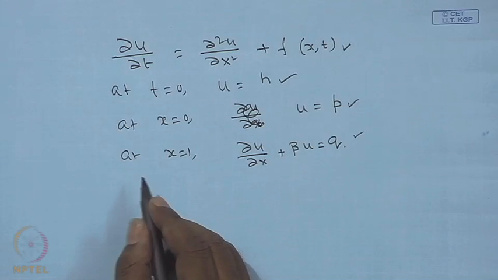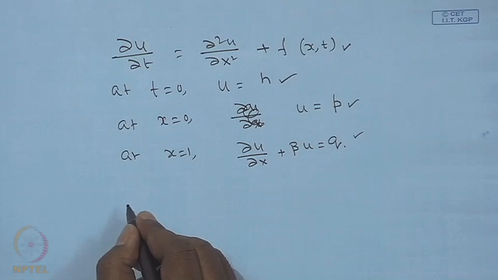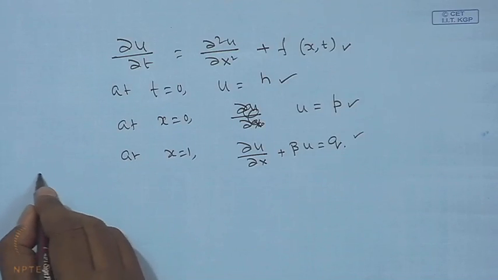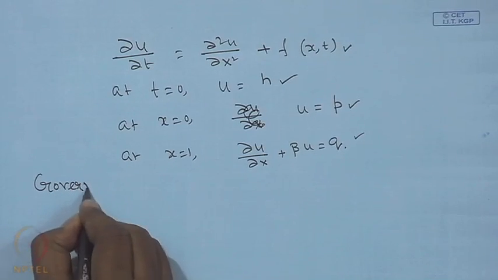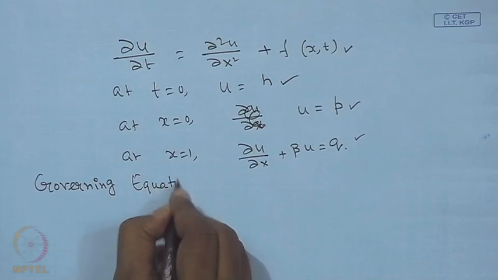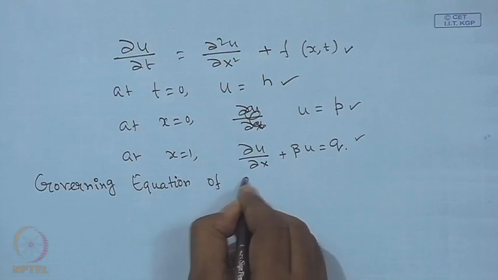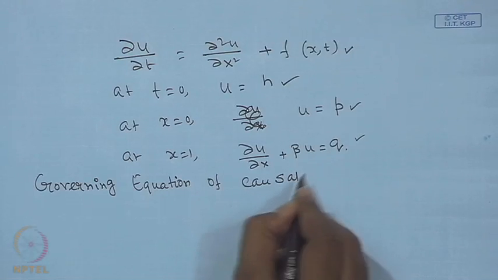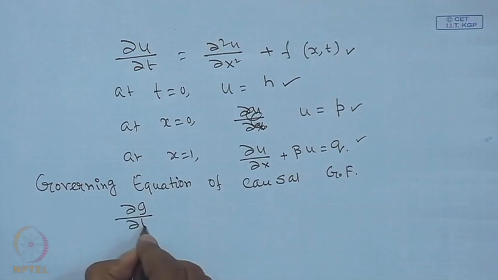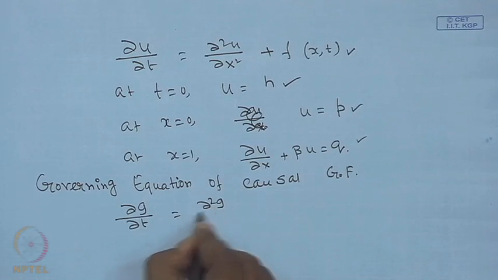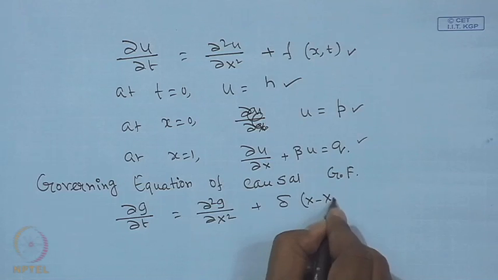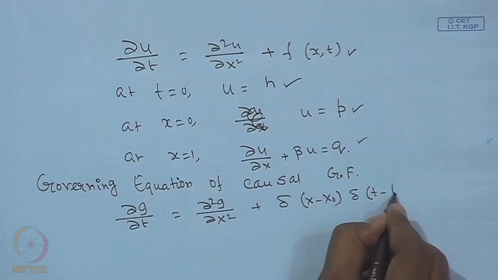Now, let us look into the form of the governing equation of the causal Green's function. This will be ∂g/∂t = ∂²g/∂x² + δ(x − x₀)δ(t − t₀).